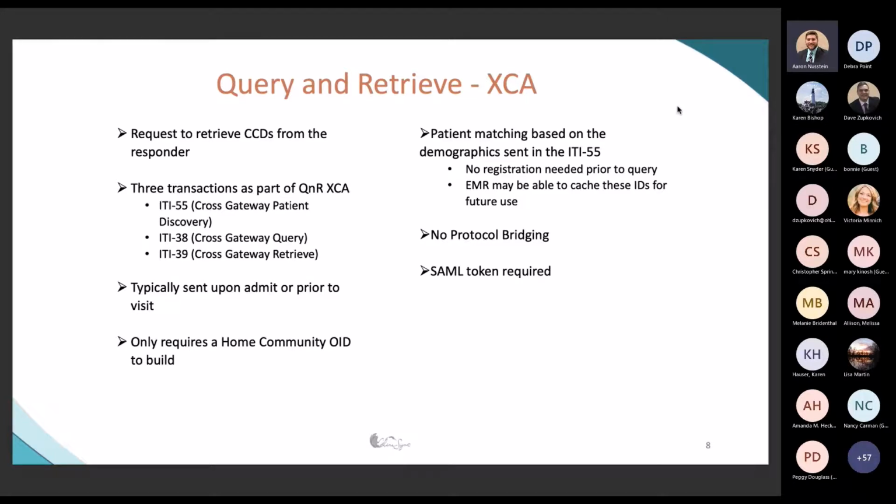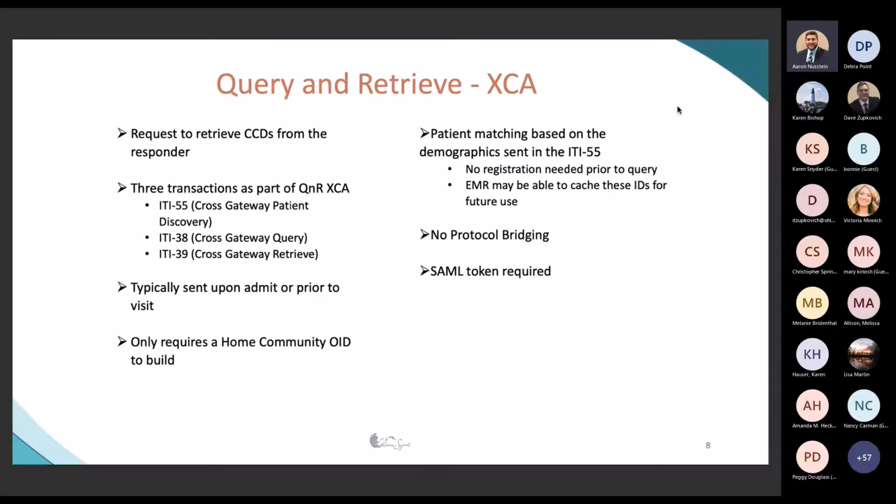It utilizes a different type of OID, which is called a home community OID. It's a very similar ID to the MRN, except it recognizes the source of the query without utilizing that MRN number. And that is present within all three transactions of XCA.